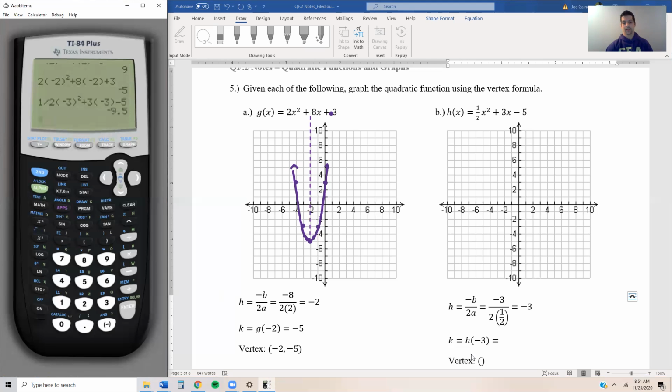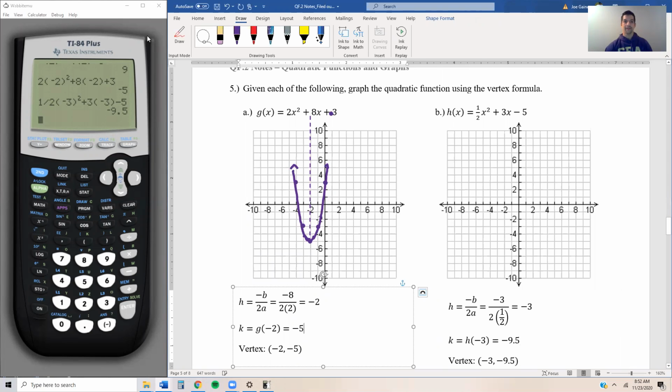Graph, and there I have my y value, which would be negative 9.5, or if you wrote this as negative 19 over 2, that would also be good. So my vertex would be negative 3, negative 9.5.